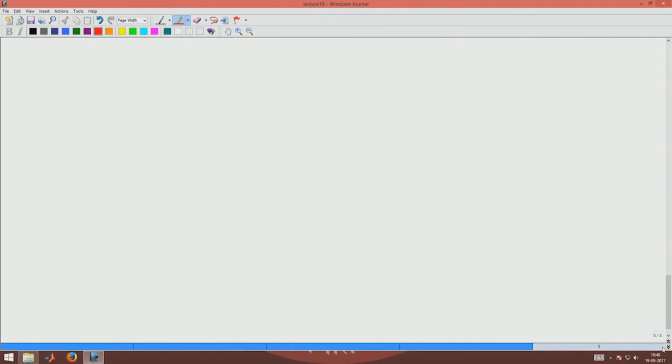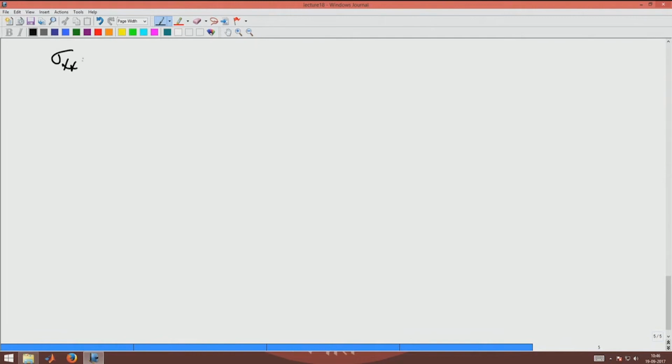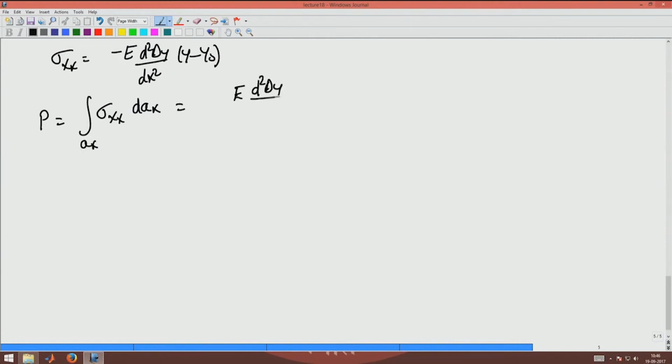We saw that sigma xx is given by minus E times d square delta y by dx square into y minus y naught. Now, the axial force P is the integral of sigma xx dAx, that will be E times d square delta y by dx square into y minus y naught integrated over dAx. This dAx is nothing but dy dz, as we have seen many a time now.